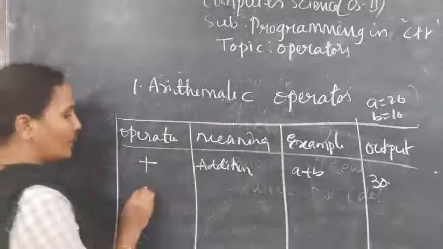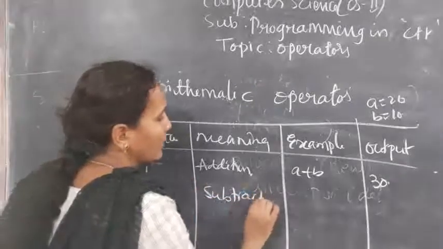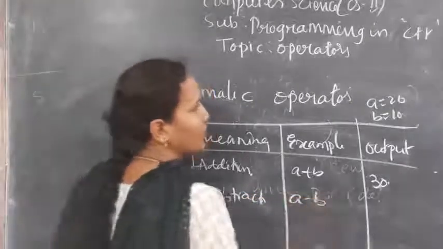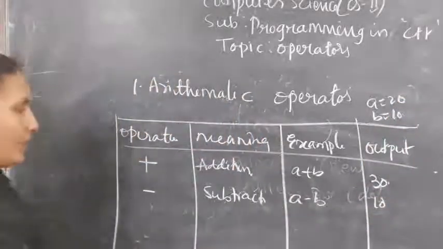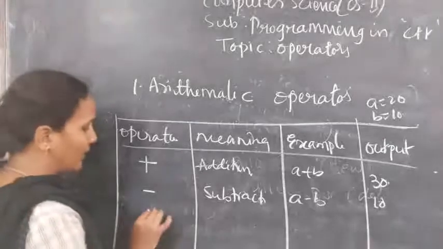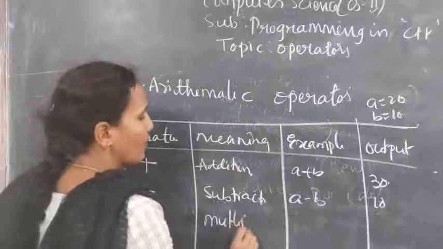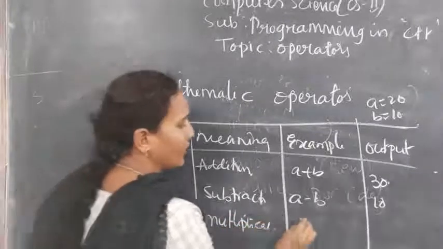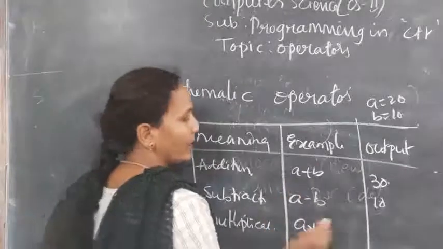Now minus, it is subtraction. A minus B, how much will you get? 10, that is 20 minus 10. Now multiplication, asterisk. The meaning of this is multiplication. A into B, how much? A value is 20, B value is 10. 20 tens are 200.